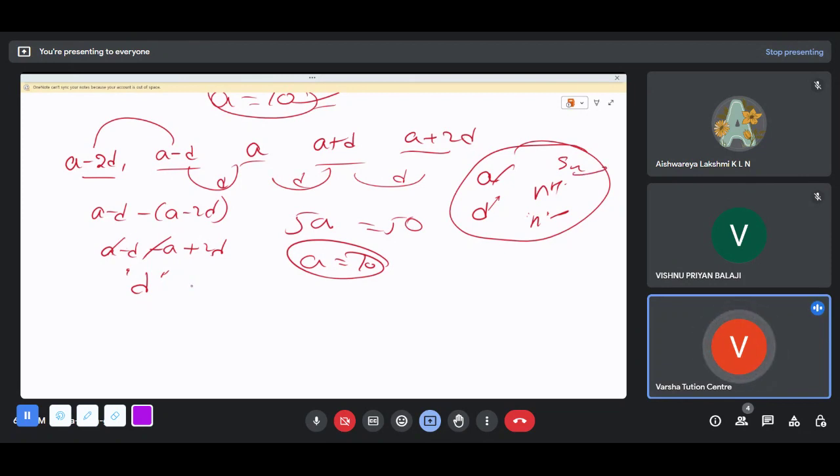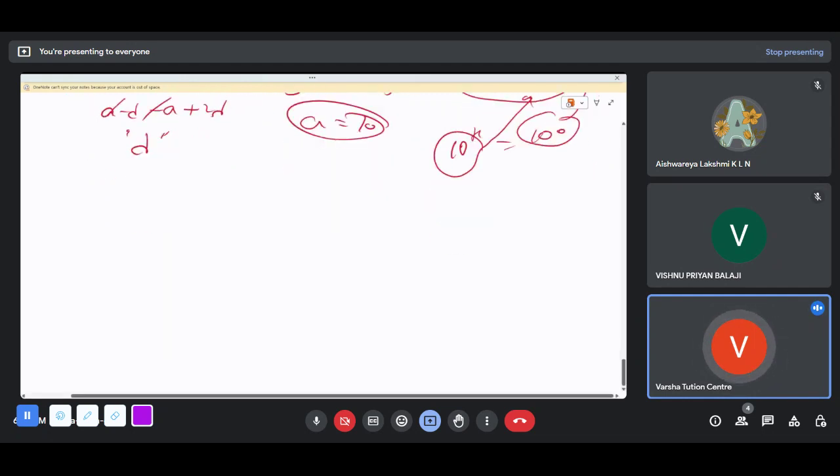See, this is n and this is the nth term. Both are different. Suppose the tenth term might be 100, so I want this as n and this as the nth term. Understood that now?